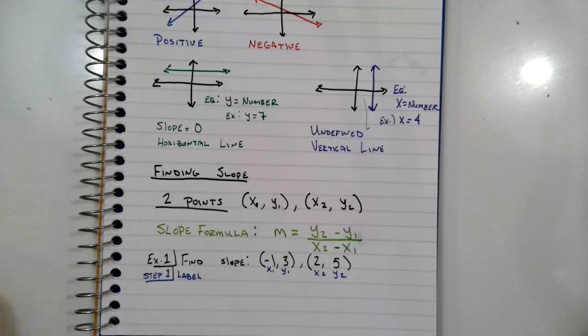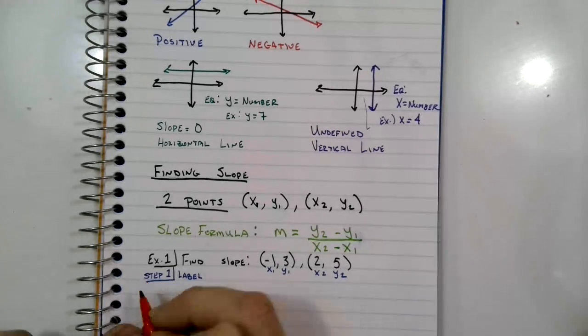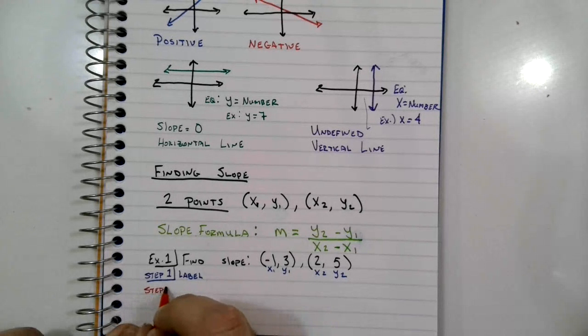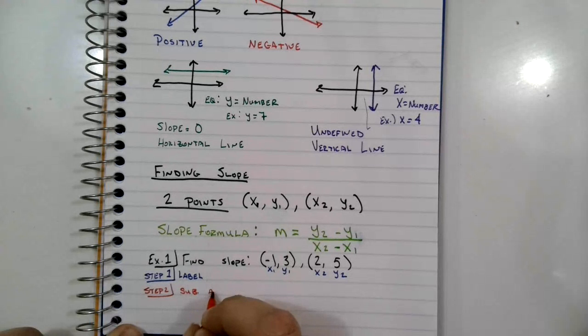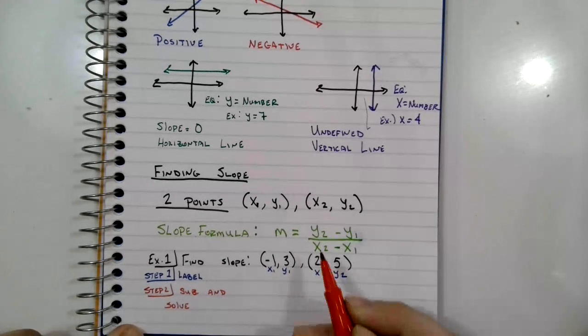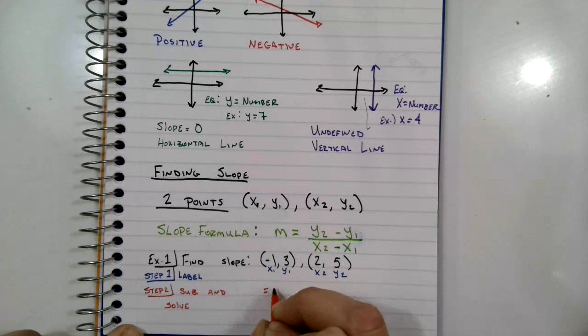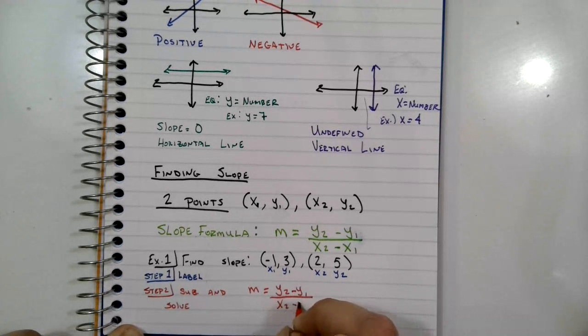Okay? And then, of course, the second step, we're going to substitute and solve. All right, so my formula, m equals y2 minus y1 over x2 minus x1.